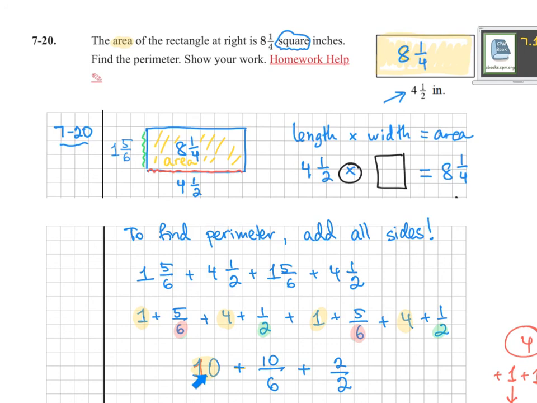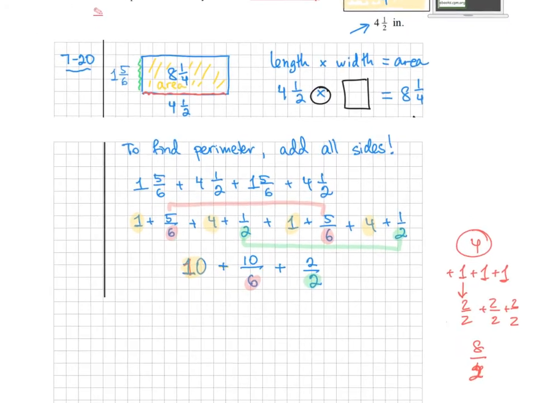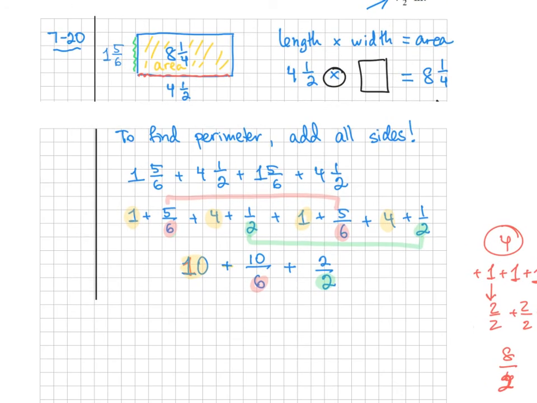So I got 10. I added my portions that have denominator of 6. So they became 10 sixths. I also decided to add 1/2 plus 1/2, their common denominator. So that gave us the 2/2. So really, the 2/2 gives us 1 whole.